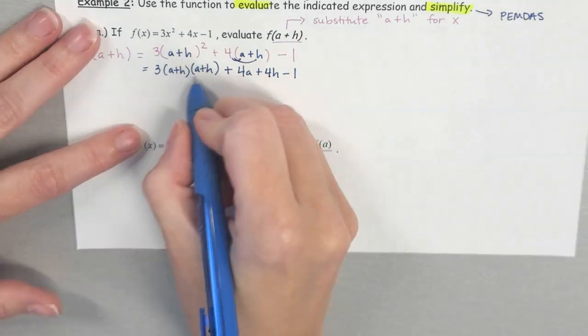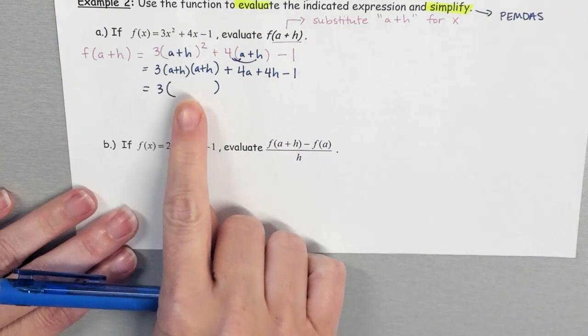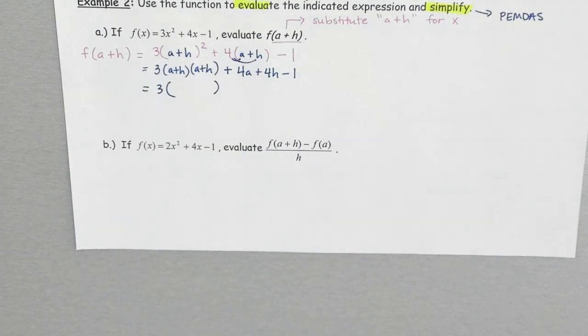And then with the a plus h times the a plus h, you have to FOIL. Will you guys take a second and FOIL that? Okay, so you're going to do the first times first.